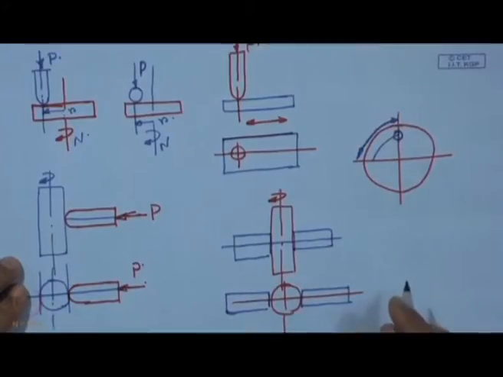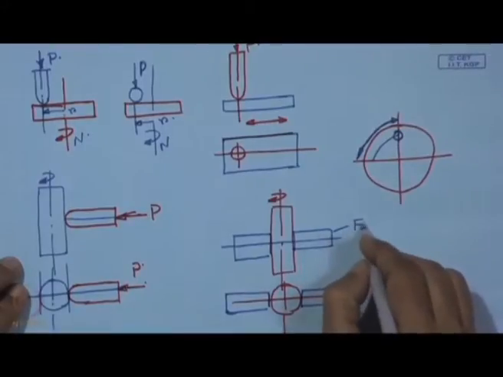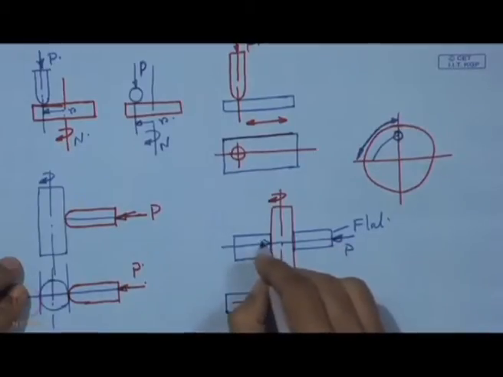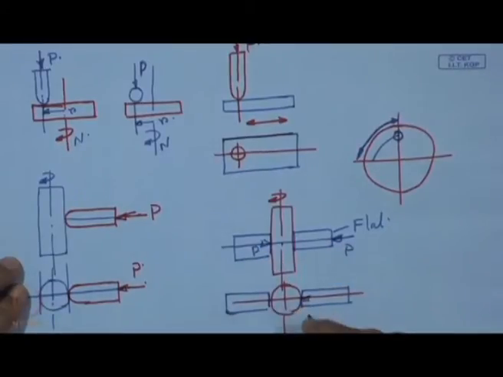So, this is flat on cylinder. These are the flats, loaded with the force P from both ends. So, this is also another tribo pair.